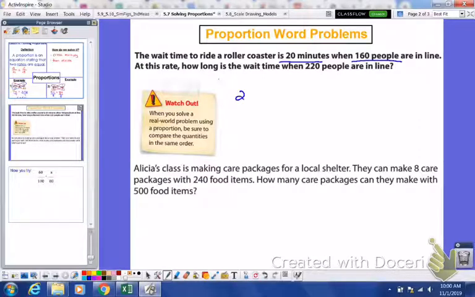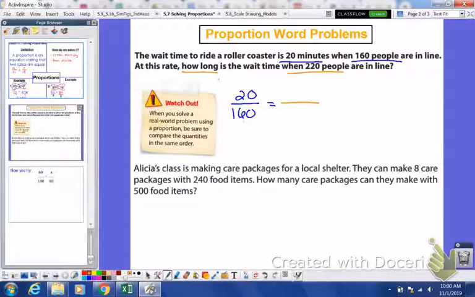So 20 over 160 equals how long is the wait when 220 people are in line? Now we know 220. The important part is that you put it in the right numerator or denominator here. Have to compare over here, our 20 and our 160.